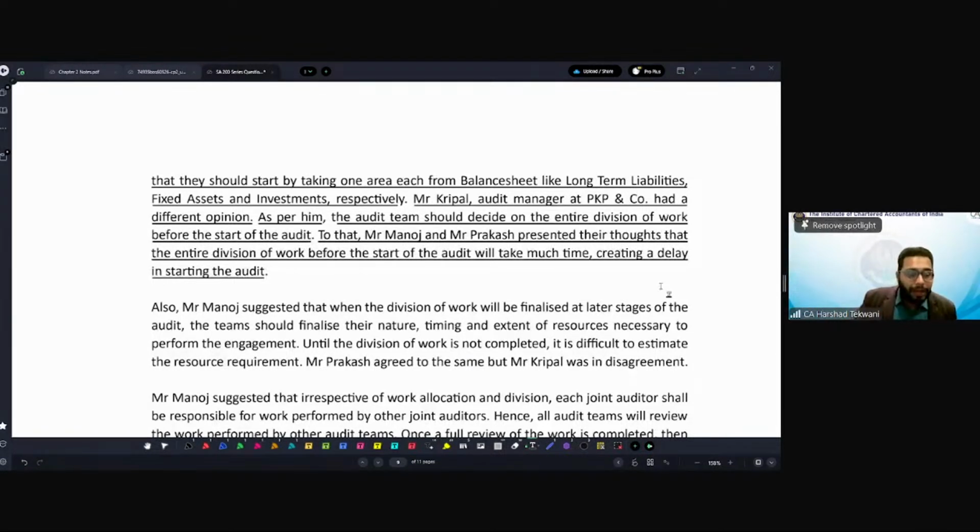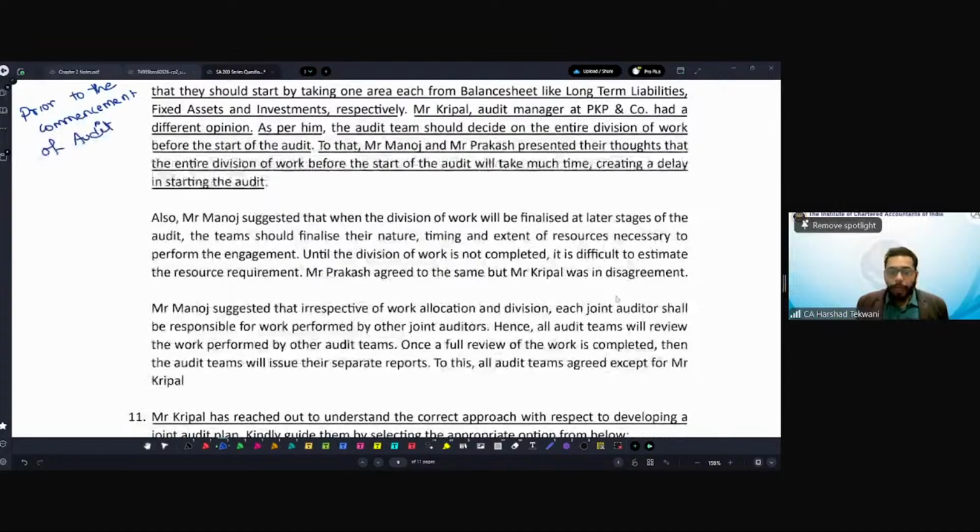It should be prior to the commencement of the audit. So if someone says, no, we will develop the audit plan gradually as the audit progresses, no. As a joint auditor, it should be prior to the commencement of the audit. Okay. So let us see the further question.